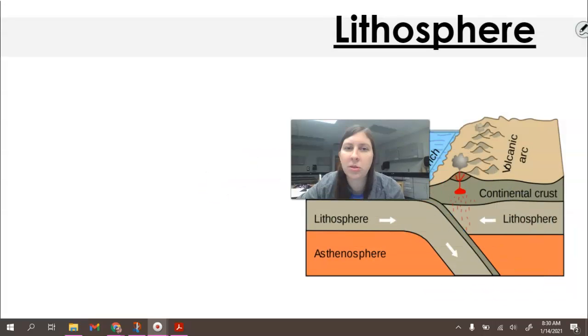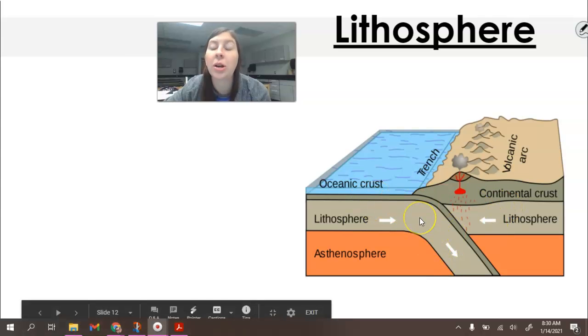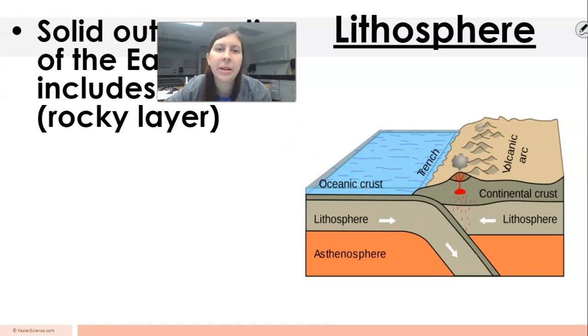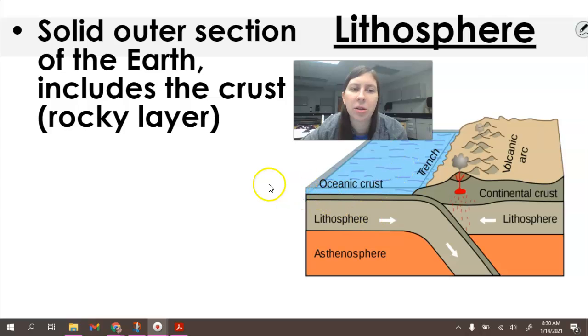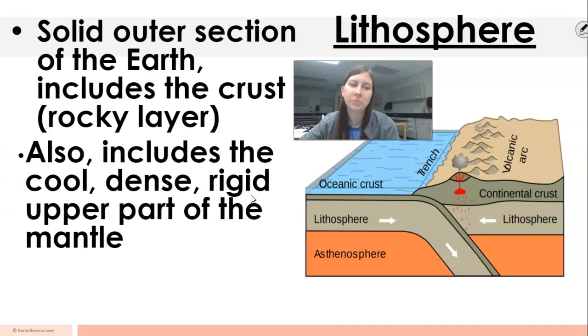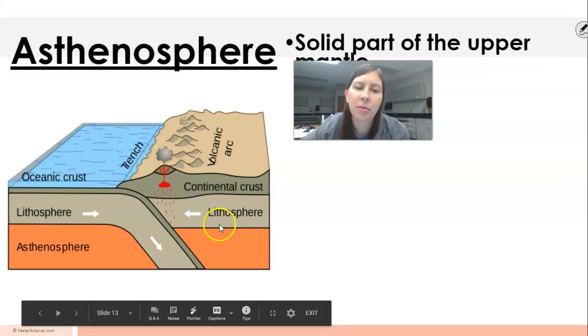So I'd mentioned the lithosphere earlier. The lithosphere right here is the thin layer that the oceanic and continental crust lie on top of. It is the solid outer section of the Earth, and it includes the crust and the top layer of the mantle. And then we've got the asthenosphere that's under that.